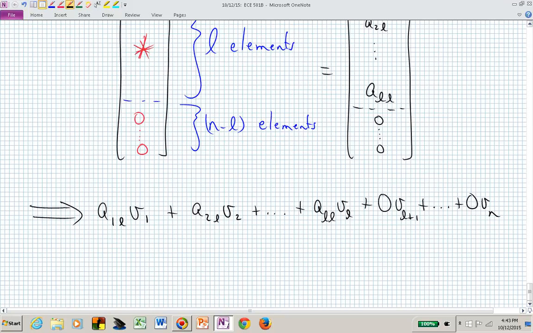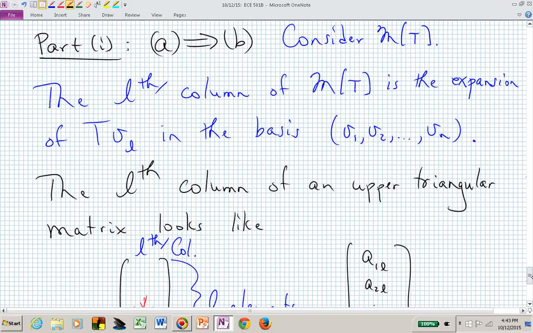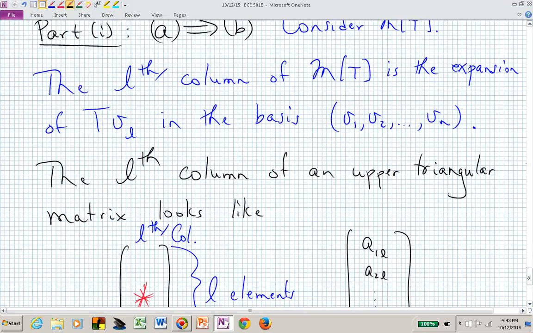What does this mean about the representation of that nth column, or the expansion of T v sub L?